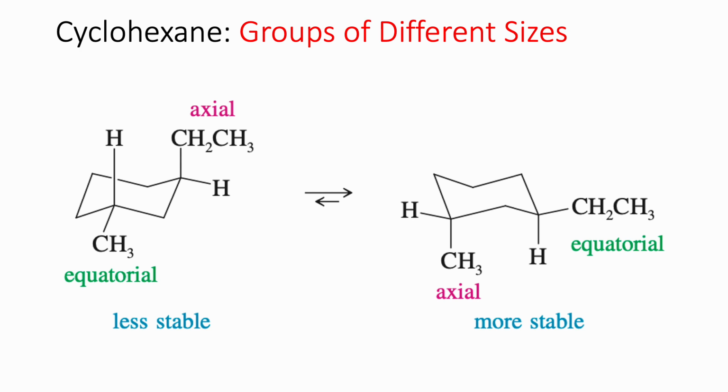So if I have a choice here where I can either on the left make the methyl equatorial or on the right make the ethyl equatorial, I choose to make the ethyl equatorial because the ethyl is bigger, the ethyl needs more space, and there's more space in the equatorial position. So that's the more stable conformation.